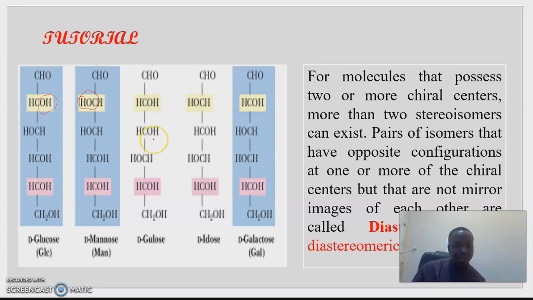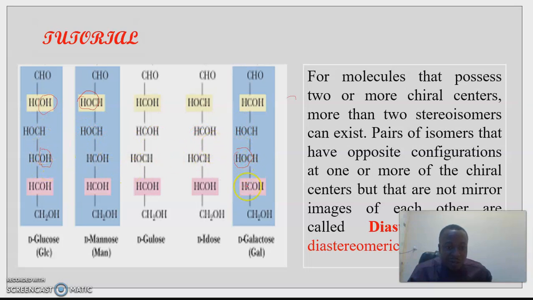While galactose is almost the same as glucose, the difference between galactose and glucose is at carbon 4. As you look at the structure here, this is D-galactose. You can see the hydroxy groups here are the same, and at carbon 3 they are the same. At carbon 4, this is located on the left, while this is located on the right.